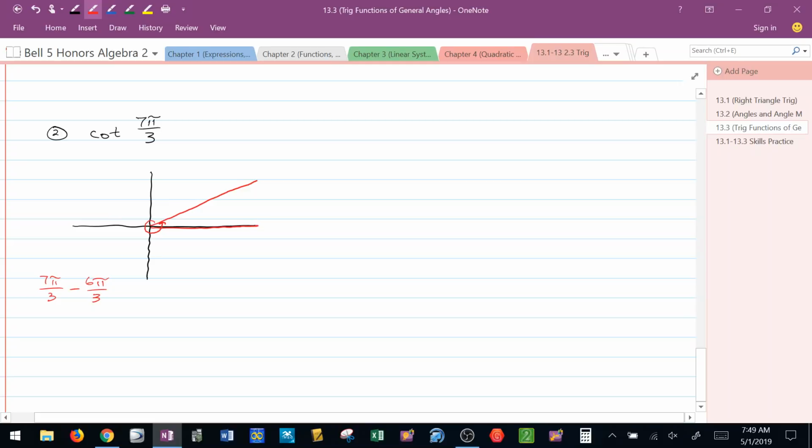And that tells me that this is a theta of pi over 3. Now, personally, I don't like to deal with pi over 3 or radians, so I'm going to go ahead and change this into degrees by multiplying by 180 over pi, and that tells me you're really dealing right here with a 60-degree angle. That makes a whole lot more sense to me.